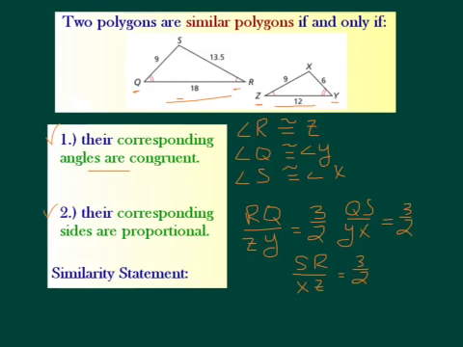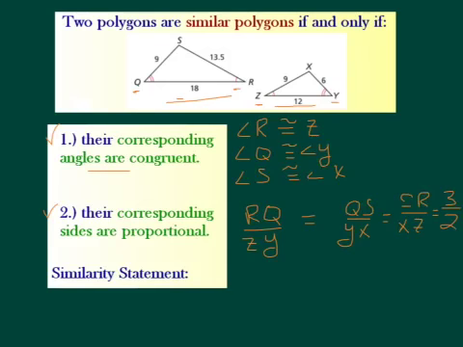What I want to do right now is actually write a similarity statement. I'm going to go ahead and erase this. I will write that these are just equal to each other: SR over XZ equals 3/2.